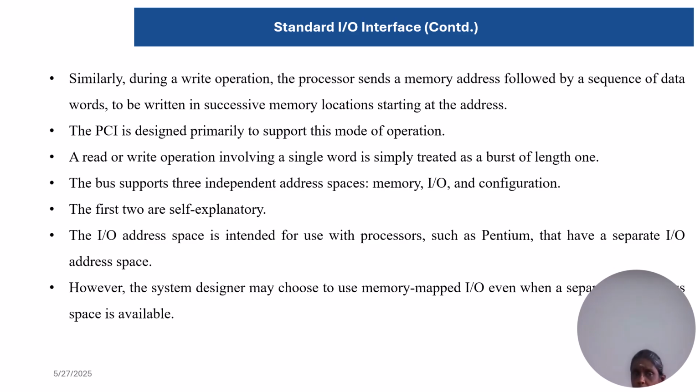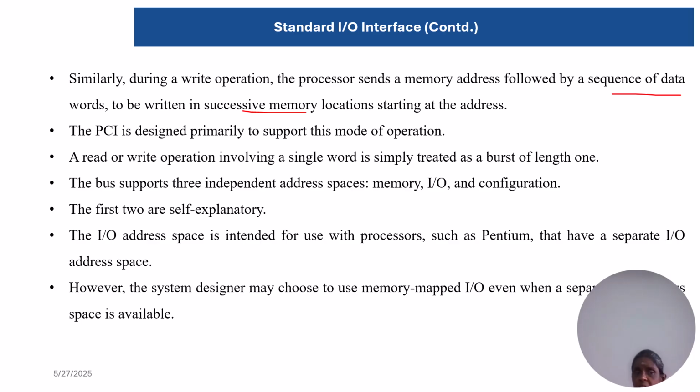During the write operation, the processor sends a memory address followed by a sequence of data words to be written in successive memory locations. So only the starting address is given, and then the data will be given. From the starting address, the data will be stored sequentially.